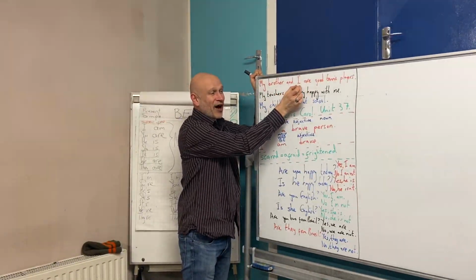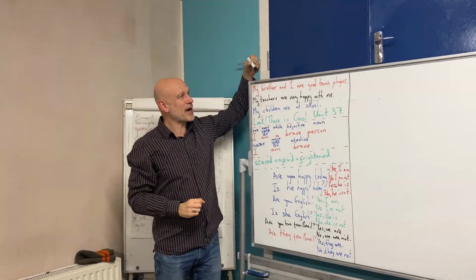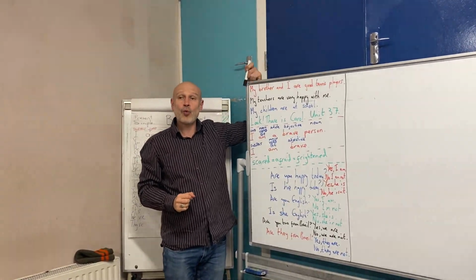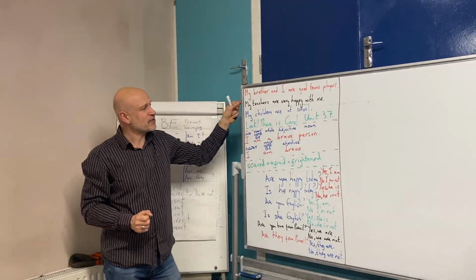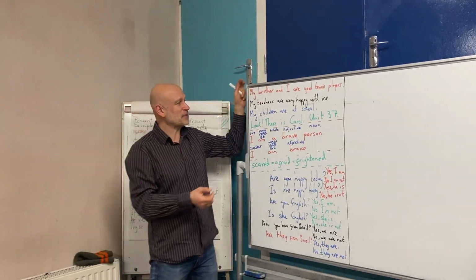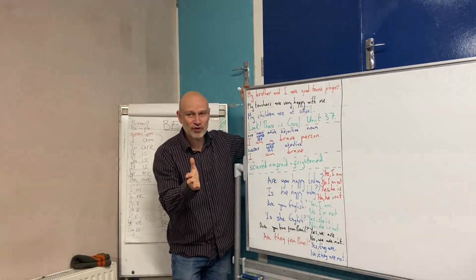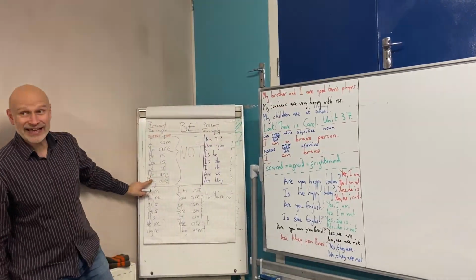Of course, you look at I and you think, oh, I am. But it's not I, it's my brother and I. We are good tennis players. The other problem that came up was my teachers. Everybody put my teachers is, but that's not right, because my teachers is they.